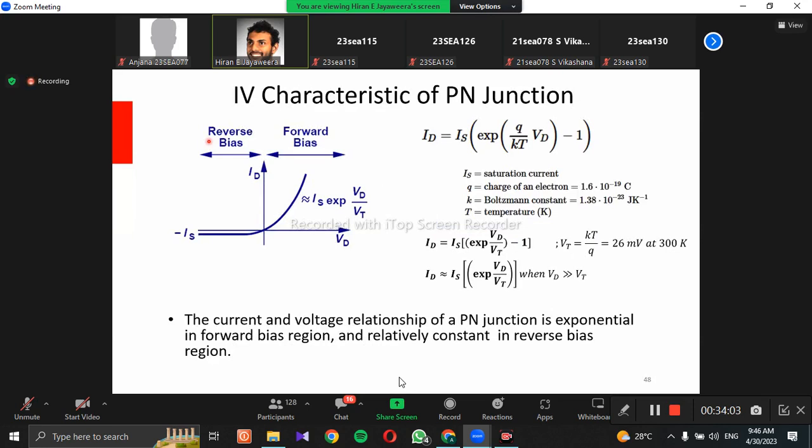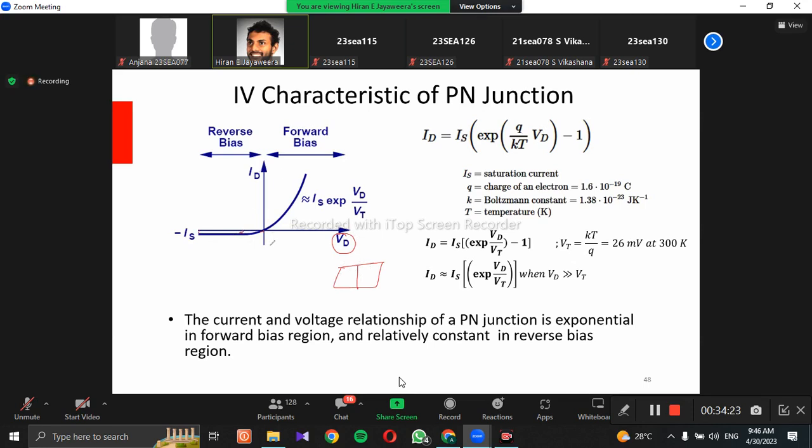So when we monitor the way it works in reverse bias mode, this is the voltage applied across the junction. When it is reverse bias, this current is extremely small.